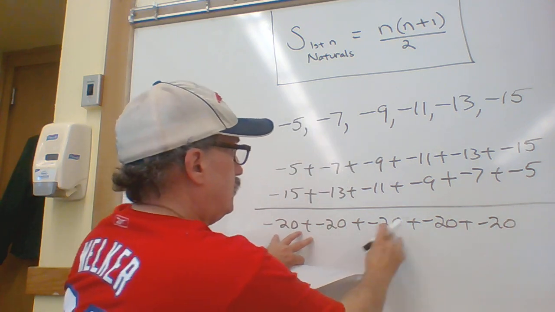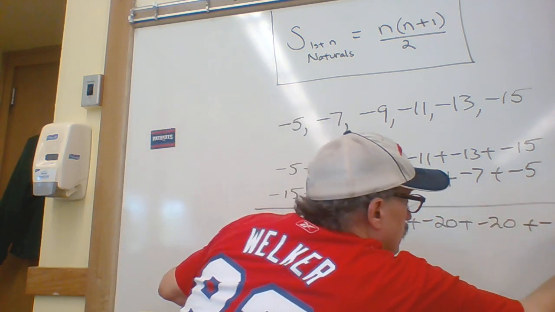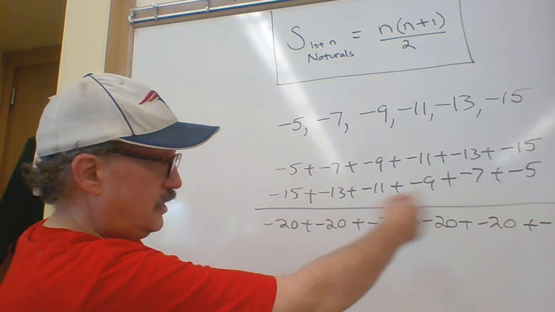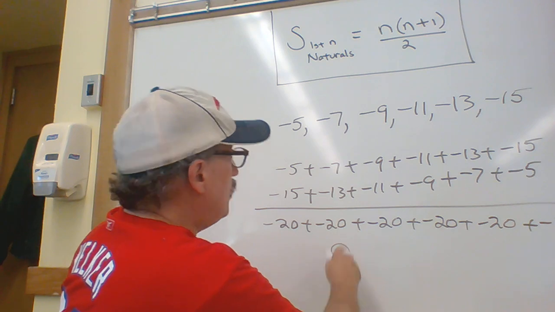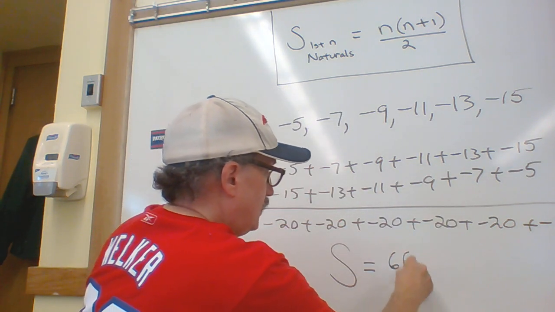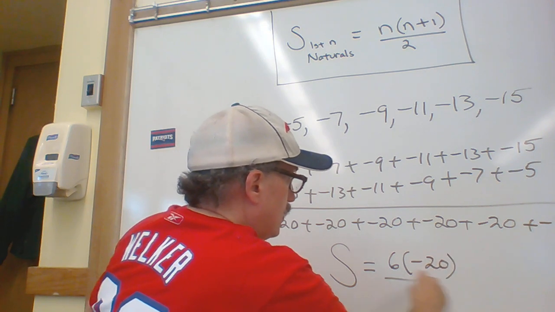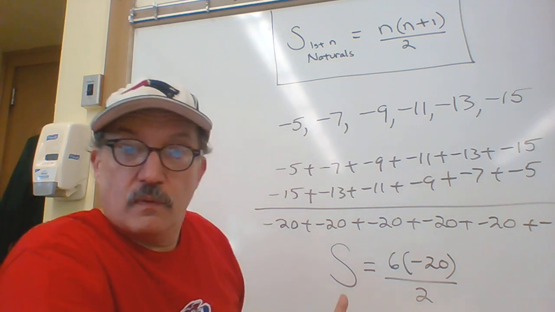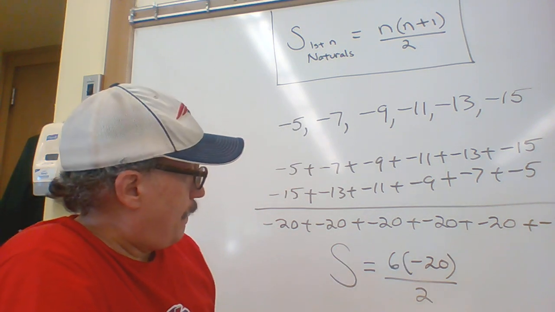What are there? 6? 6 of them this time, right? Yes. So these 6 -20s, the sum of this arithmetic series here will be 6 times -20, but then divided by 2 because we don't want to know the sum of 2 of them. We only want to know the sum of 1 of them.